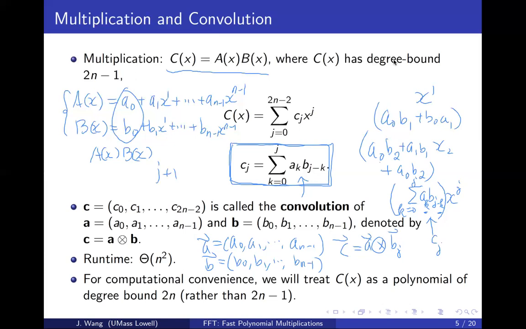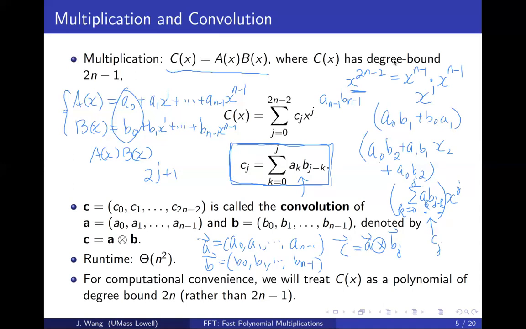And you have to add them up, so you get j additions. That means 2j plus 1 operations to compute Cj. And j is from 0 to 2n minus 2, because the highest degree of this product is 2n minus 2, which is x to the 2n minus 2 power. Its coefficient is just a(n minus 1) b(n minus 1). So that is the highest term.